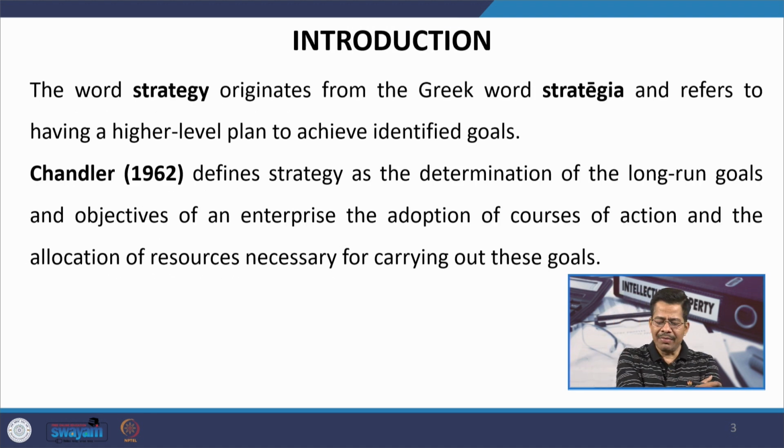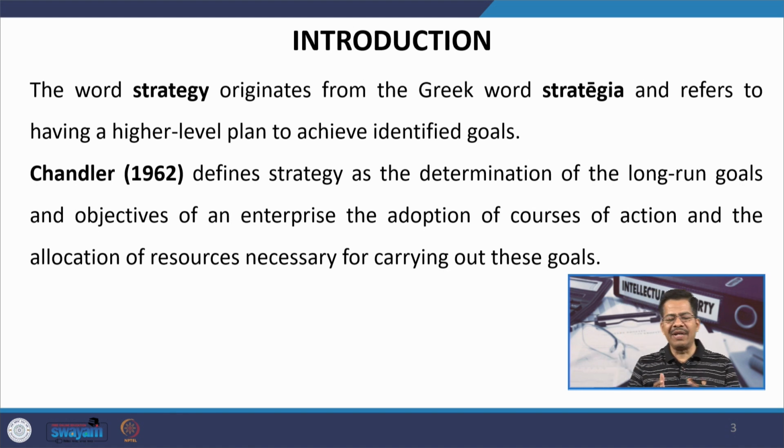We all know that the word strategy is not actually a word from business or management. This word has come from the military sciences, how you are positioning your army, your personnel, tanks, etc. in the battlefield.